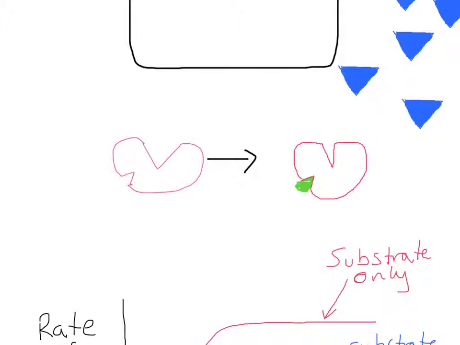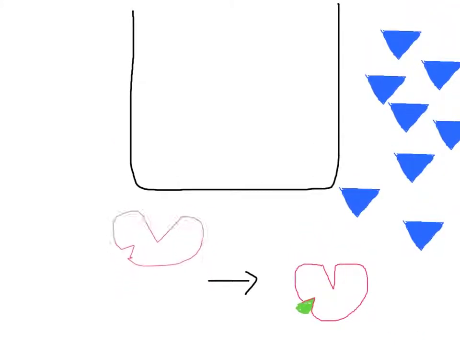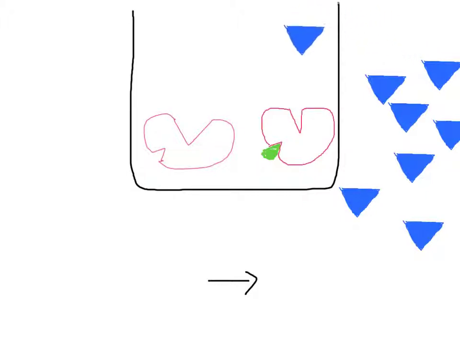Now, if you scale this up and imagine what might be happening in a cell or in a beaker or a test tube, we would have this scenario. If I put both types of enzyme in here, one which is bound to an inhibitor and one which isn't bound to an inhibitor, and then I put a substrate molecule in there, you'll notice that the substrate could attach to that enzyme but couldn't attach to that one.